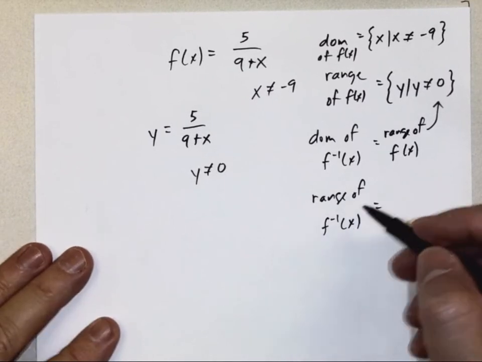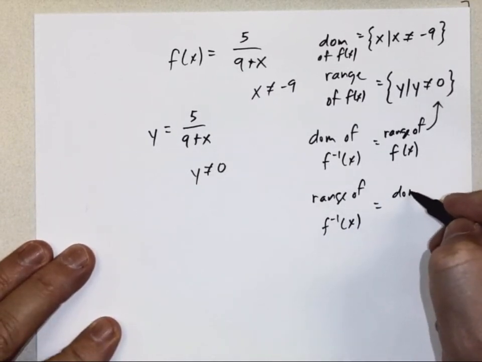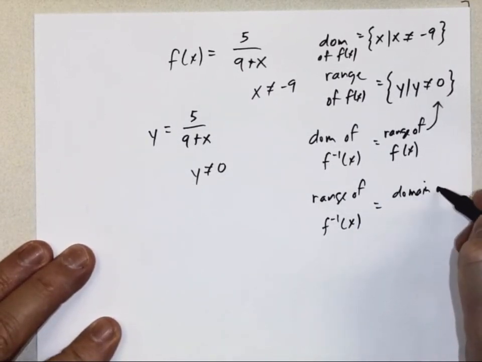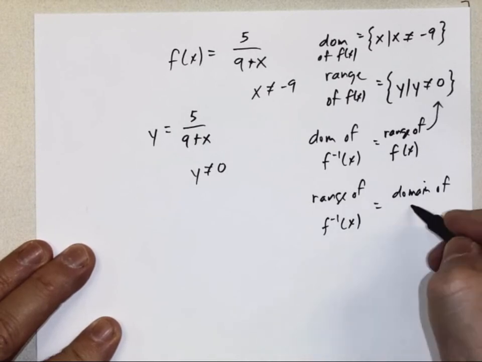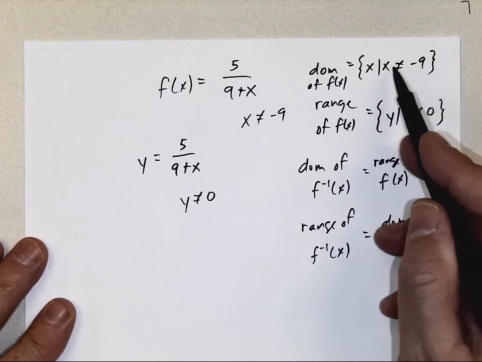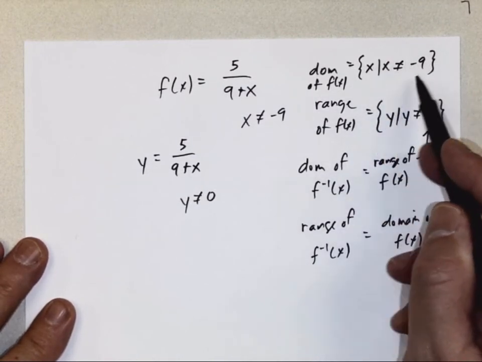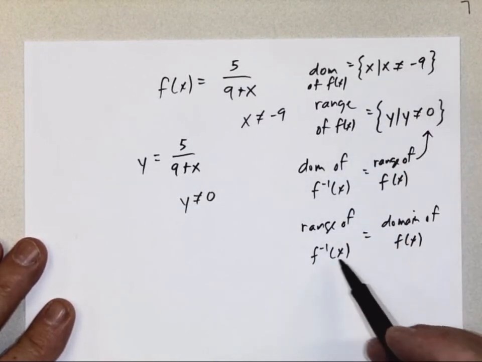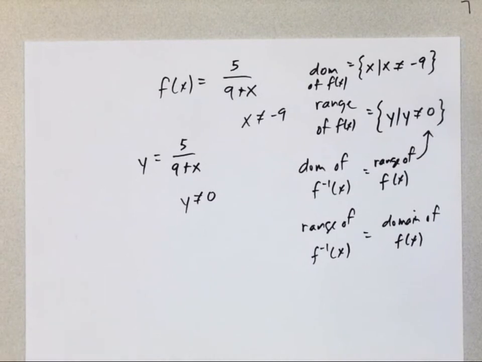And the range of the inverse function is equal to the domain of the original function. Up here is the domain of the original function; that is also going to be the range of the inverse function. So they just swap. That's sort of nice.